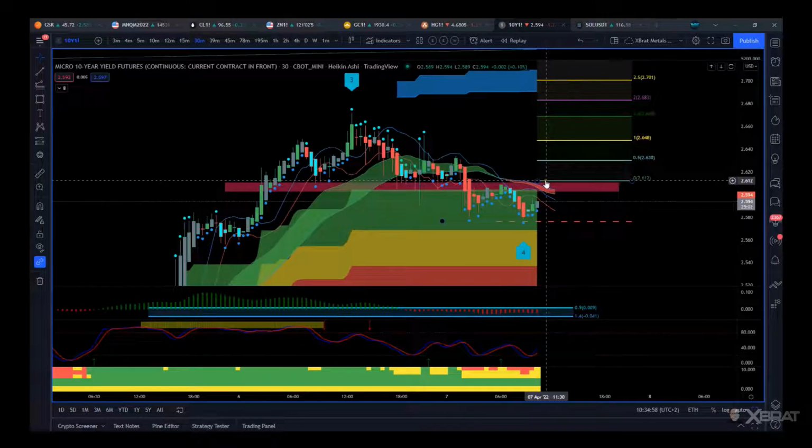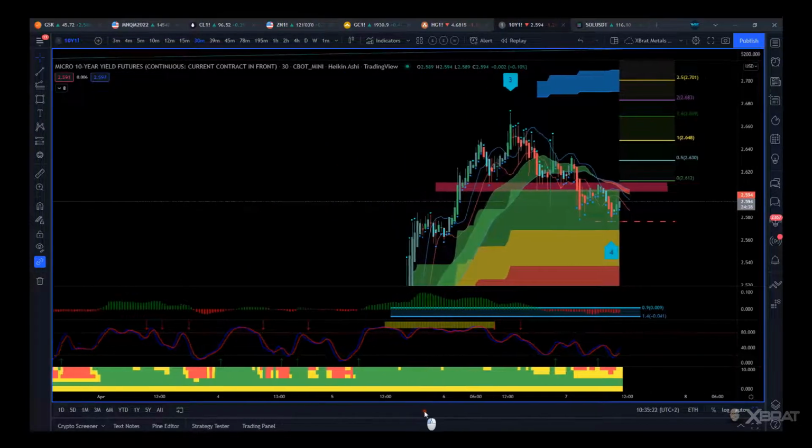So 2.612, and we will see this bias depth heat map indicator change, more of those time frames will turn to green as this starts to move up. Now if 5 out of 6 are green, for me that's pretty good for an Elliott Wave, and I would probably go, because you can see this bottom one never really changes to bullish here.